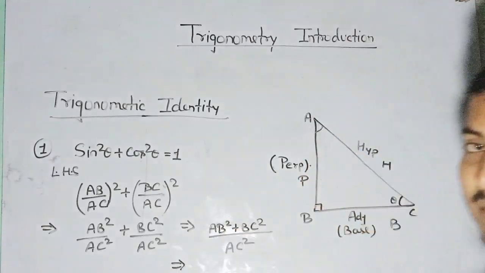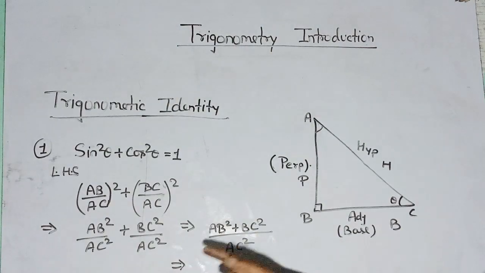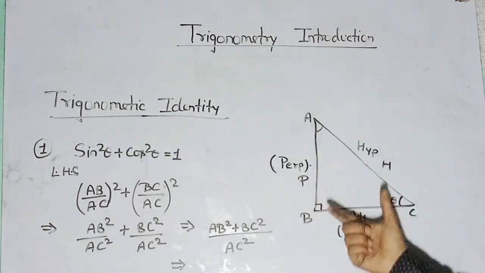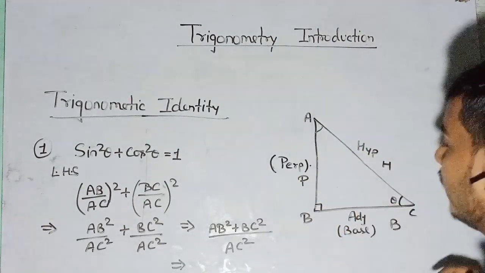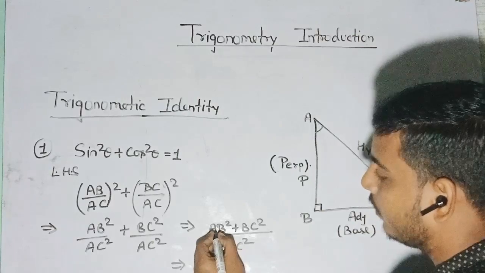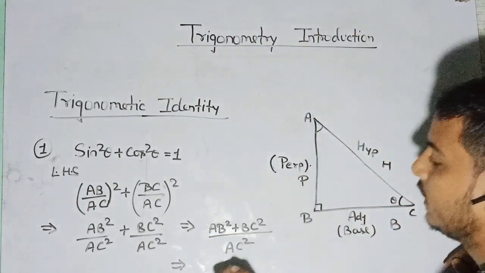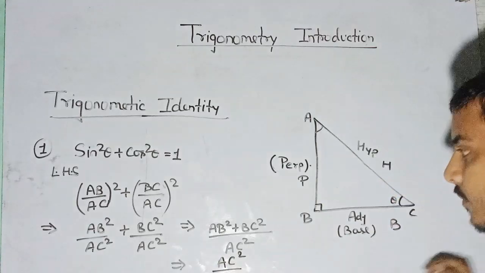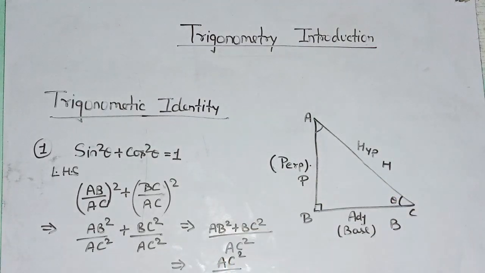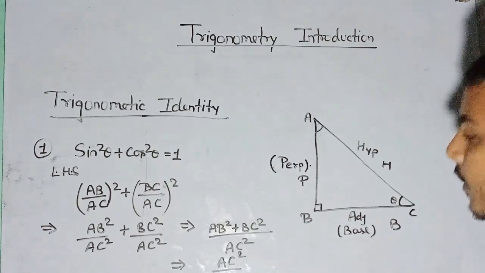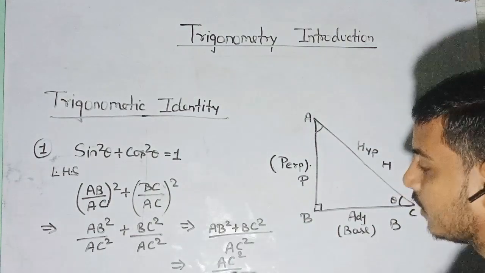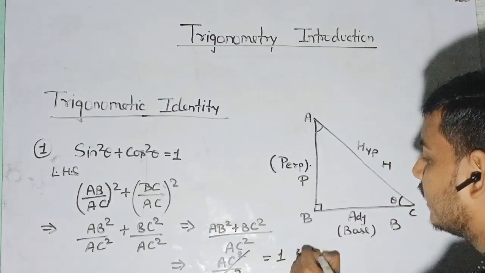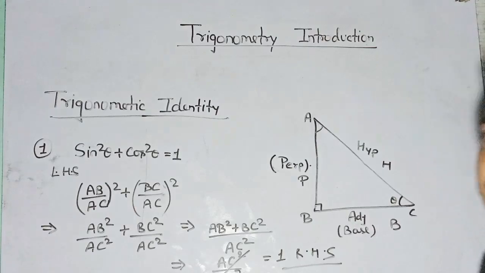As I told you, the Pythagoras theorem states that perpendicular square plus base square is known as hypotenuse square, means AC square. In place of AB square plus BC square, we can substitute AC square by the result of Pythagoras theorem. Now AC square upon AC square is nothing but 1, that is the RHS. This is the proof of our first identity.